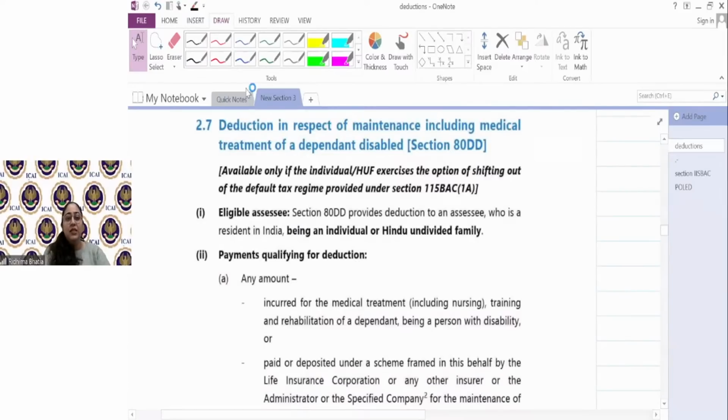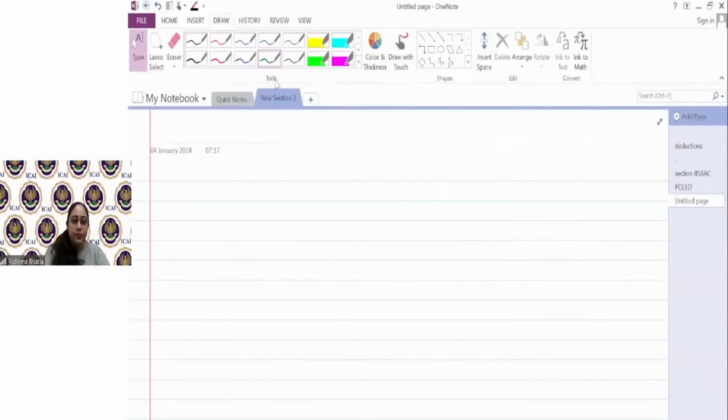Next section, guys, is 80DD, deduction in respect of maintenance, including medical treatment of a dependent disabled. Before I proceed to 80DD, let me take you through one section, which is 80U. Guys, a lot of you are at a tender age and are really sweet.